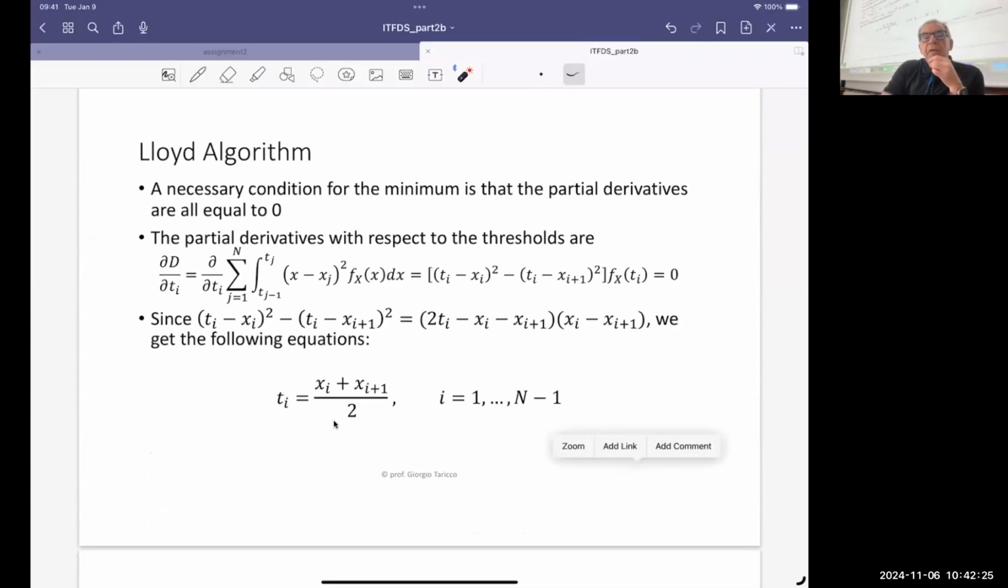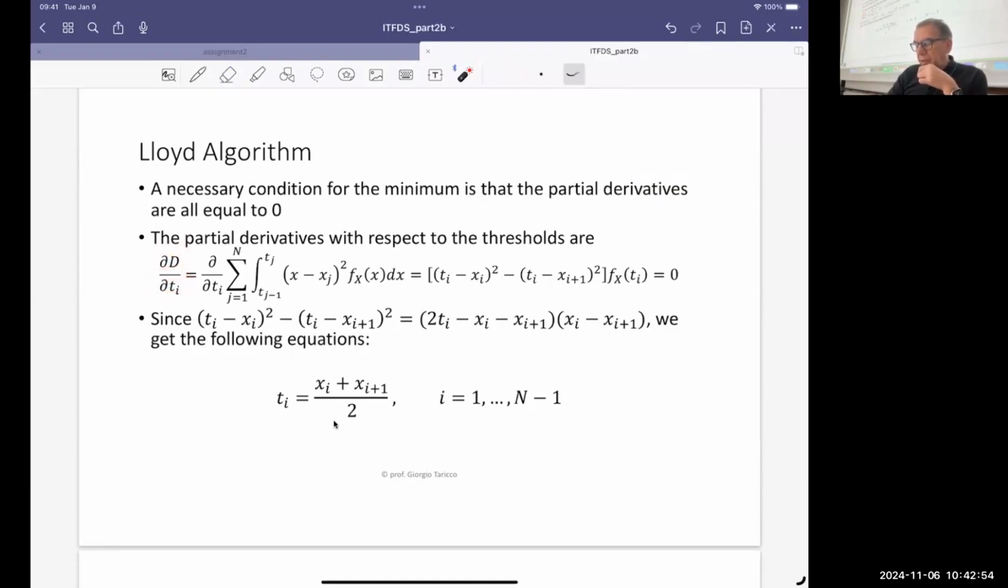The necessary condition for the existence of a minimum is that the partial derivatives are all equal to 0, so that we calculate the partial derivatives with respect to the thresholds and then with respect to the quantization points. We start with the thresholds. We take the derivative of d with respect to ti.